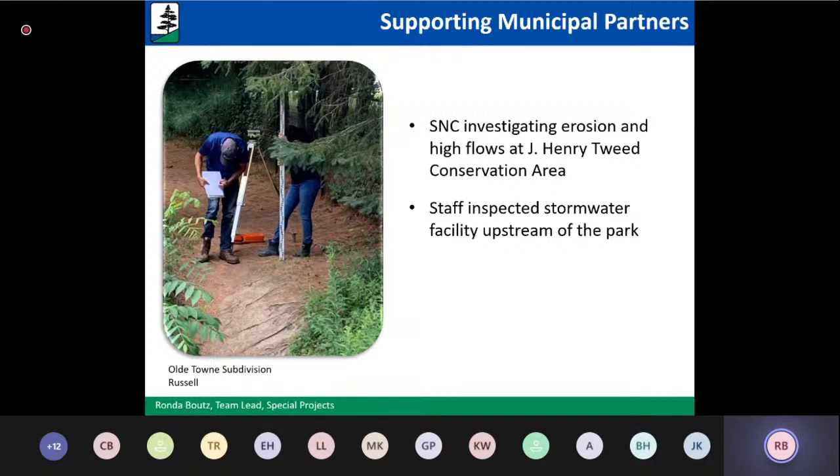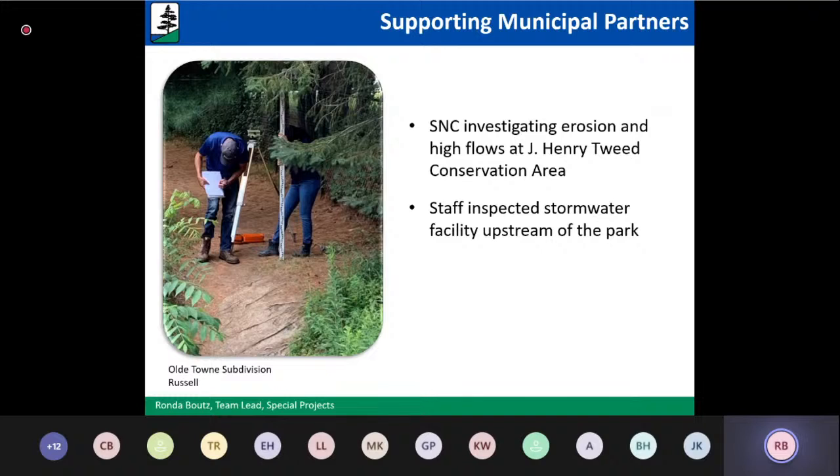There is a small creek that runs through the park itself that has a lot of erosion, and what we're seeing in the conservation area is a lot of fluctuating stream flows. There were surges of water coming through the creek, so we spent some time this year under the OPG funding to track down where these surges were coming from, because they were causing stream bank erosion.